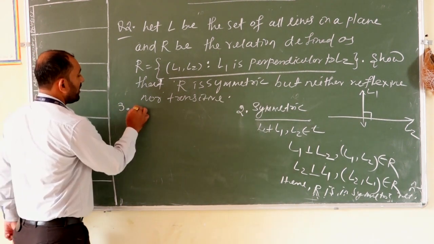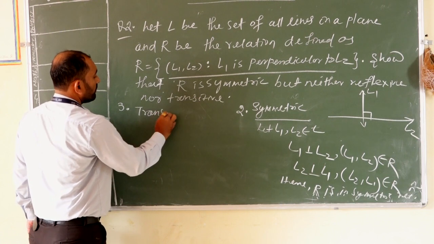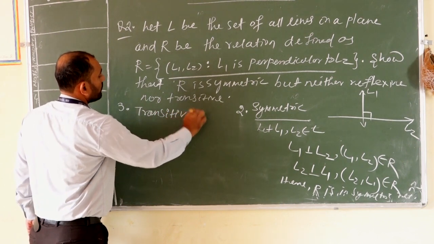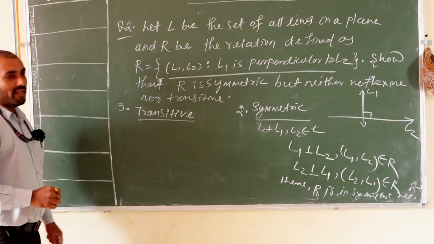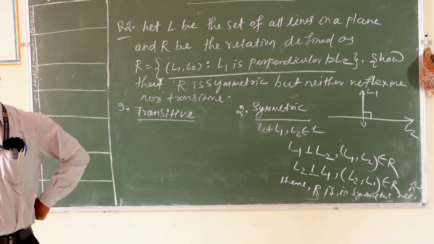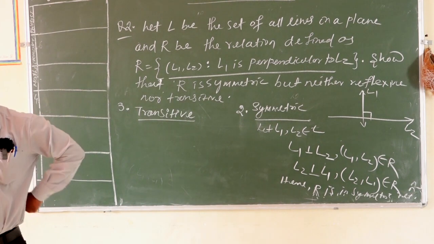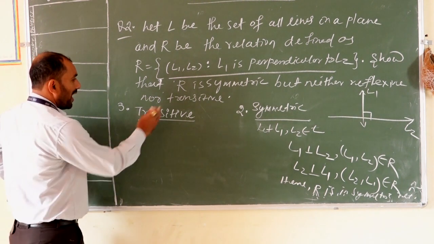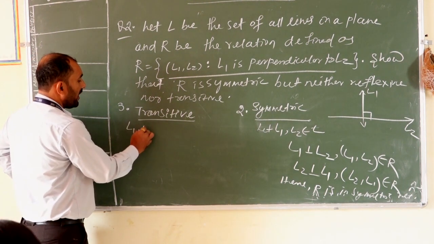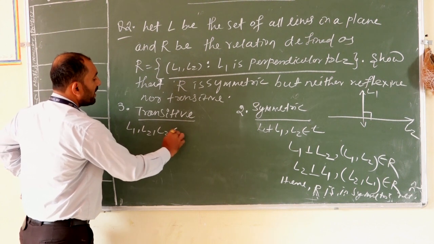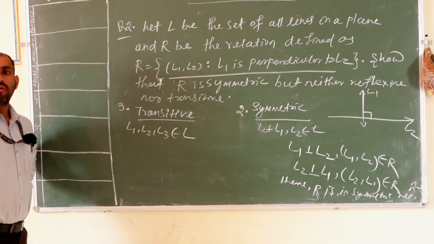Third one is your transitive. For transitive, what do we have to do? How many elements do you require to take? At least 3 elements. As per your question, you can take any 3 lines, L1, L2, L3.